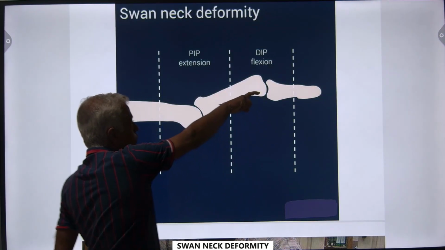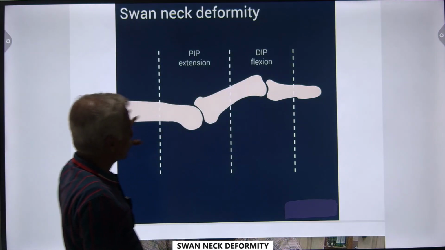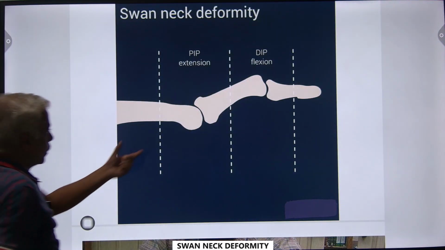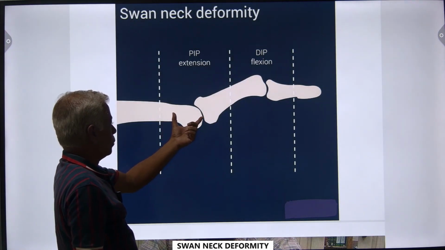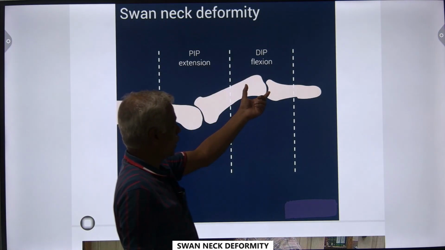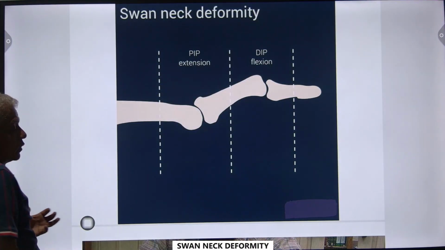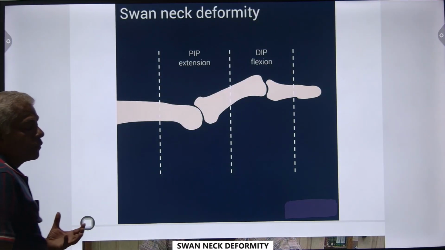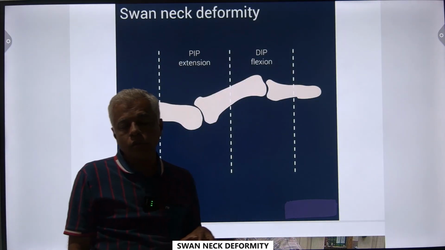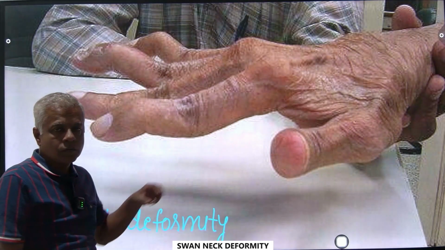This picture looks like the outstretched neck of a swan, and that's why we call this deformity a swan neck deformity.